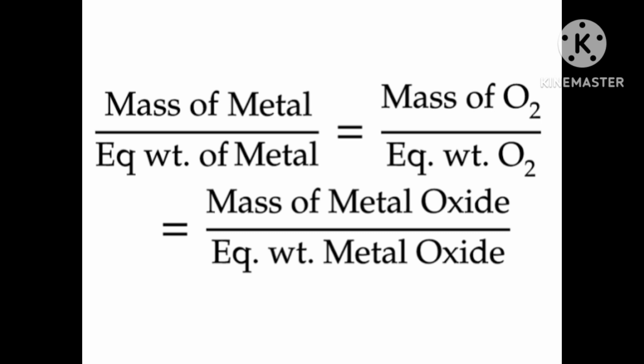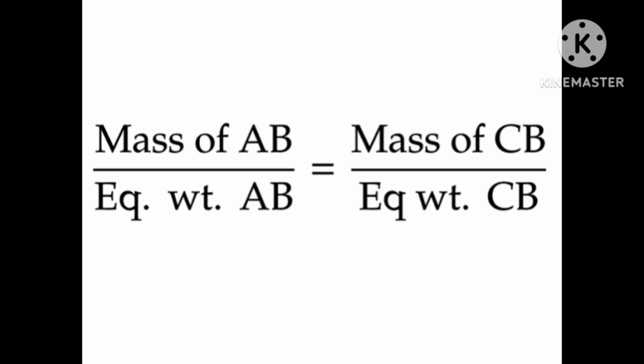Weight of X deposited divided by weight of Y deposited is equal to equivalent weight of X divided by equivalent weight of Y. This you remember.